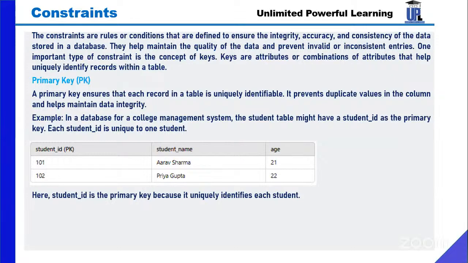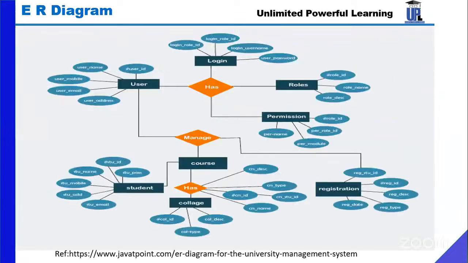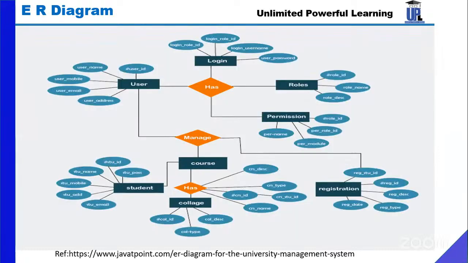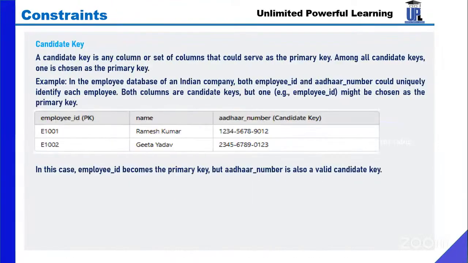That means we have understood, when designing the database, we have a primary key, which is unique and not null. For a foreign key, it is the primary key of another table referred to in the current table. The unique key is nothing but unique, like email ID. Then we discussed the candidate key.